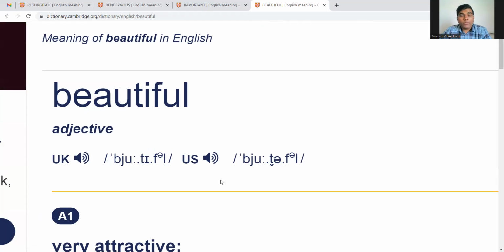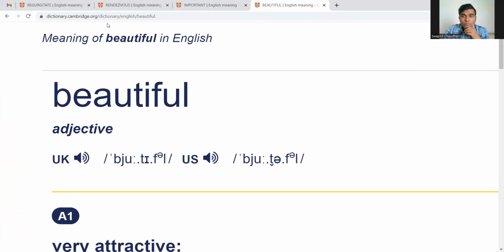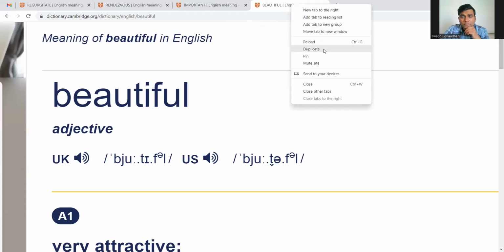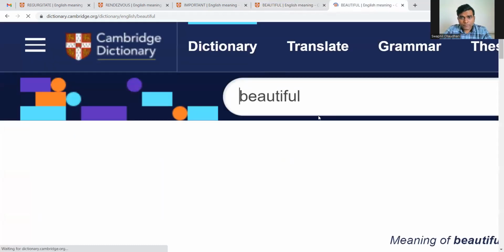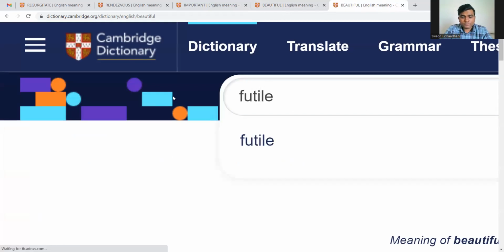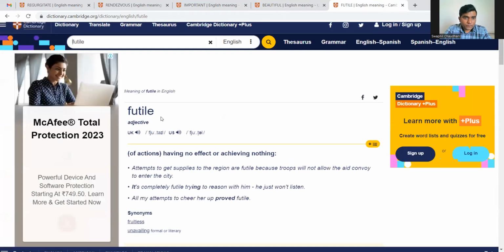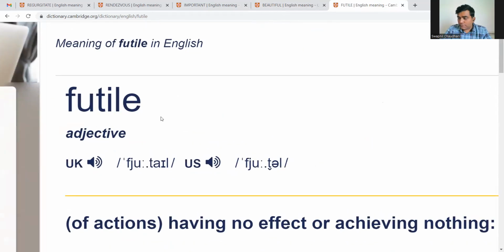Okay? Now, another word that I just want to show you quickly. I was actually in a situation where I personally was not able to understand the pronunciation of this particular word. You can see this word.